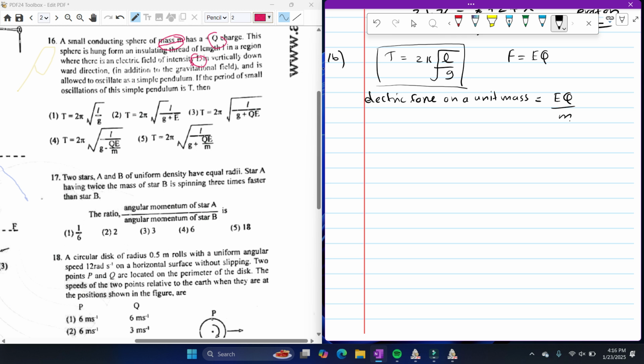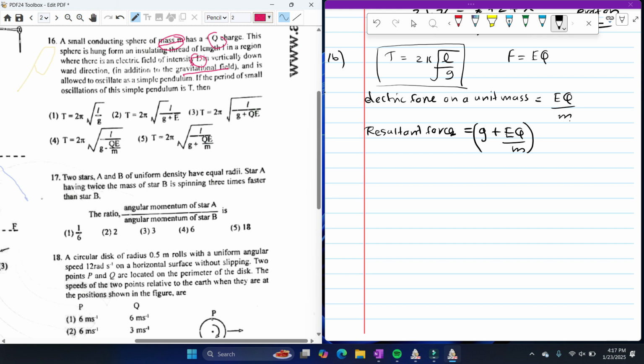They said that a gravitational field is in addition acting in the system. So the total resultant force is G plus EQ divided by m, not just this part. Additionally, there is a gravitational field, you see.